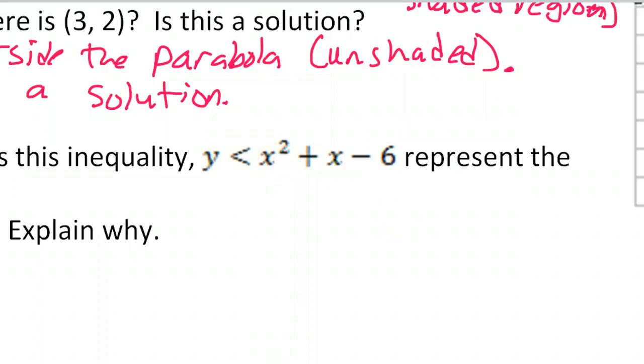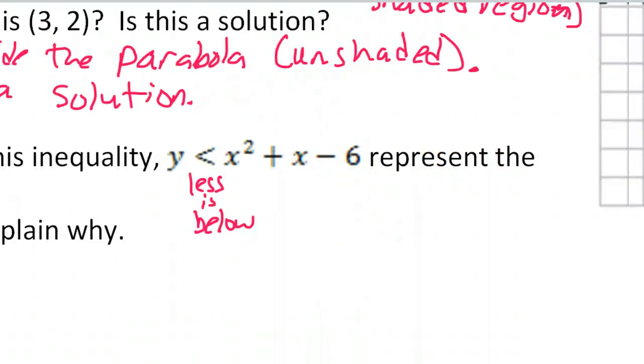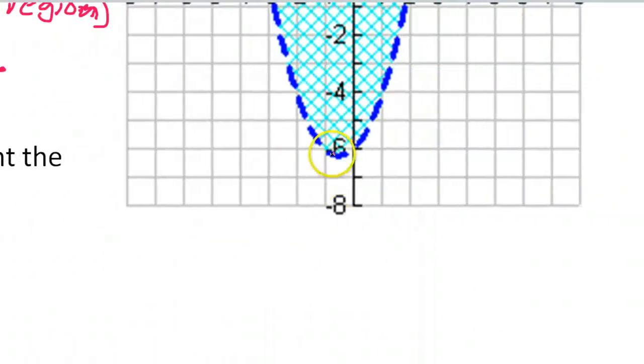is that telling us to shade above or below? Less is below. So if this were the situation, we would have to shade below the parabola. And if I put my pencil here on the parabola, shading below would mean going down from here.